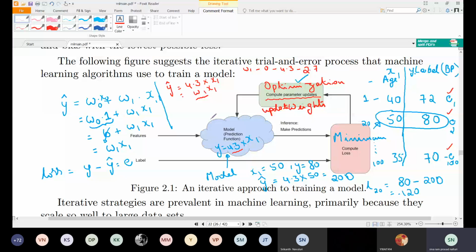And what is your final model? Your final model is y cap is equal to W1 optimal value into X1. When do you say that the weight has reached its optimal value? Please tell me. When do you say that you have found the optimal value for weight W1?